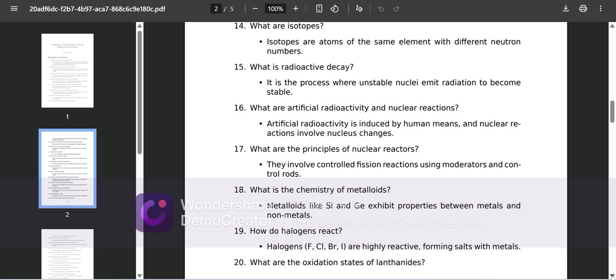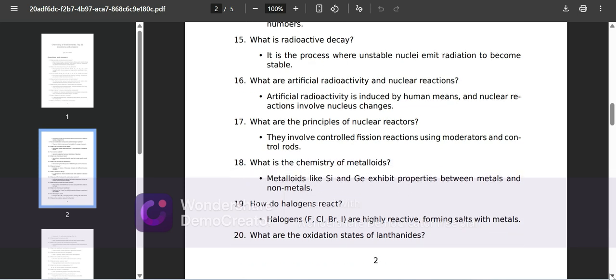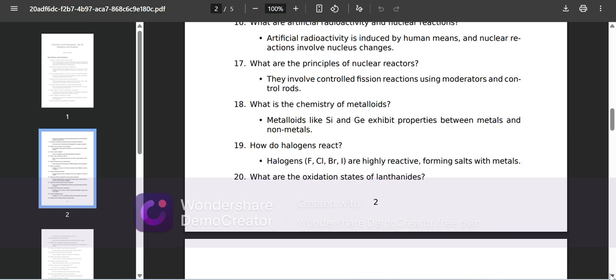Artificial radioactivity is induced by human means, and nuclear reactions involve nuclear changes. What are the principles of nuclear reactors? They involve controlled fission reactions using moderators and control rods.